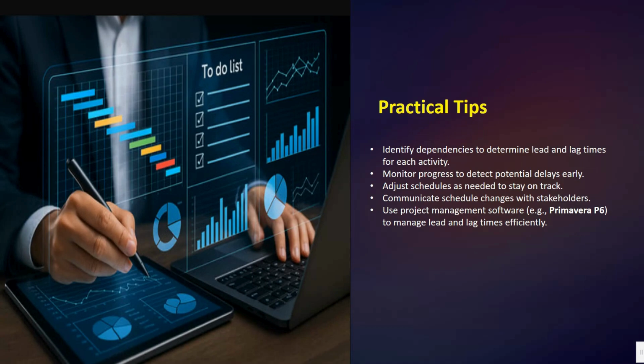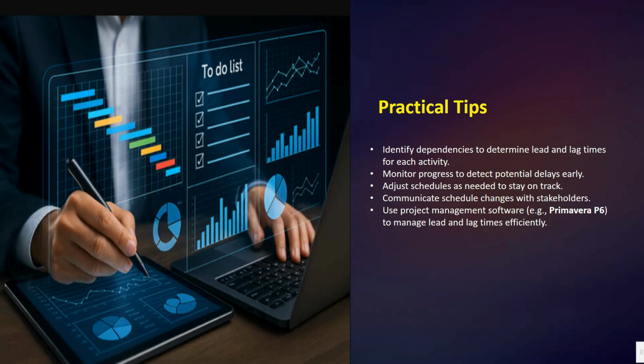To keep the project on track, clear communication with stakeholders about schedule changes is also essential to maintain alignment and avoid misunderstanding. Finally, using professional tools such as Primavera P6 or MS Project allows project managers to manage lead and lag times more efficiently, ensuring that the schedule remains both accurate and realistic.